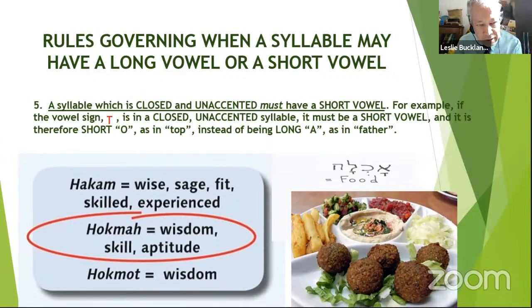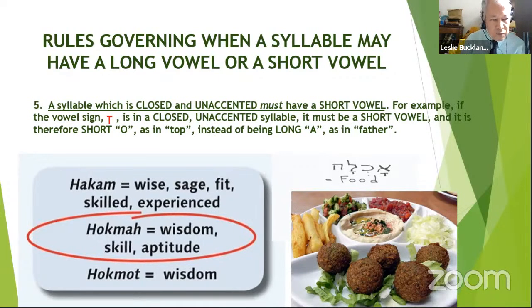You see HOK, that is a closed syllable because it is consonant followed by vowel, followed by another consonant. So it is a closed syllable. It also doesn't have any arrowhead symbol indicating that an accent is to be there. Therefore, we conclude that the accent is on the ma, the mem, kames, he, the MAH, which is the final syllable, the last syllable of the word.